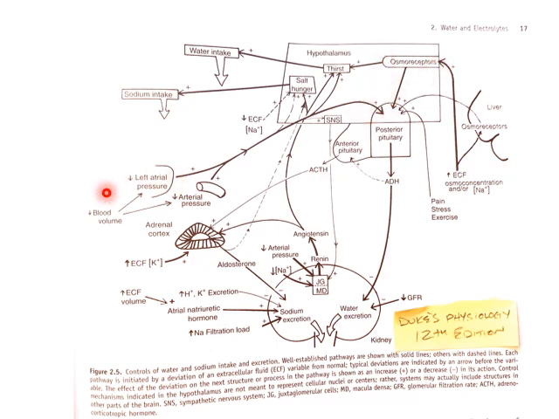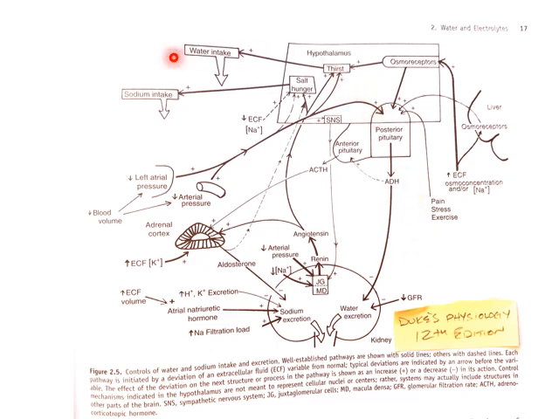You've got low arterial pressures. If you get those, they're going to increase ADH to conserve water to get that back into the bloodstream and try to get your volume up.